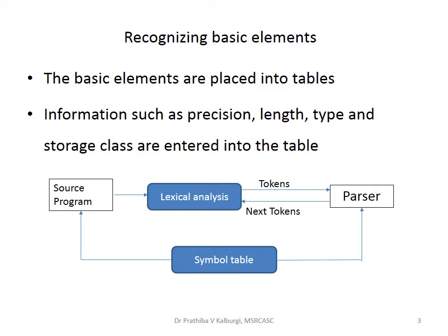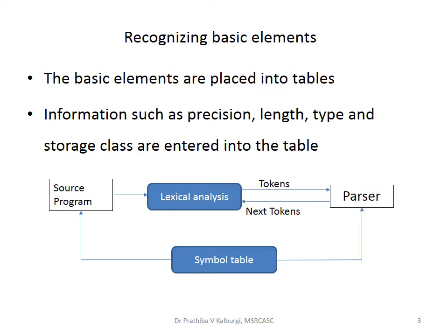This parser is going to accept the token and process it, and it sends a request to the lexical analyzer requesting the next token, and this process continues until it completes all the elements.